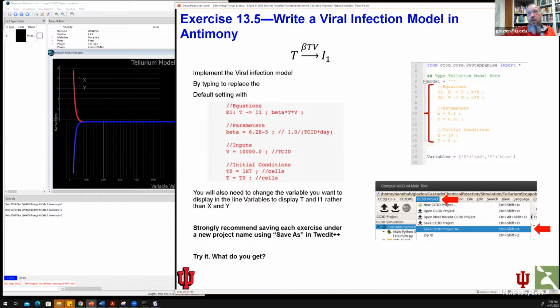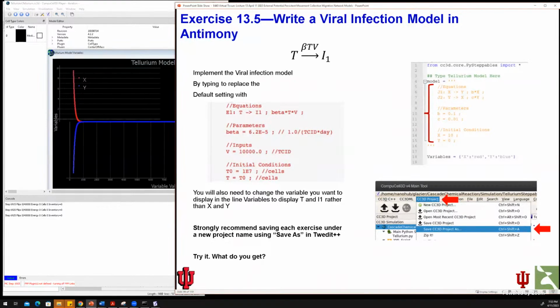The key thing is to know, if I see a particular arrow diagram in a biological context, what rate law do I have to write down? And that's not a question of Antimony versus some other modeling language. That's a question of how do I interpret the biological notation in terms of mathematics.